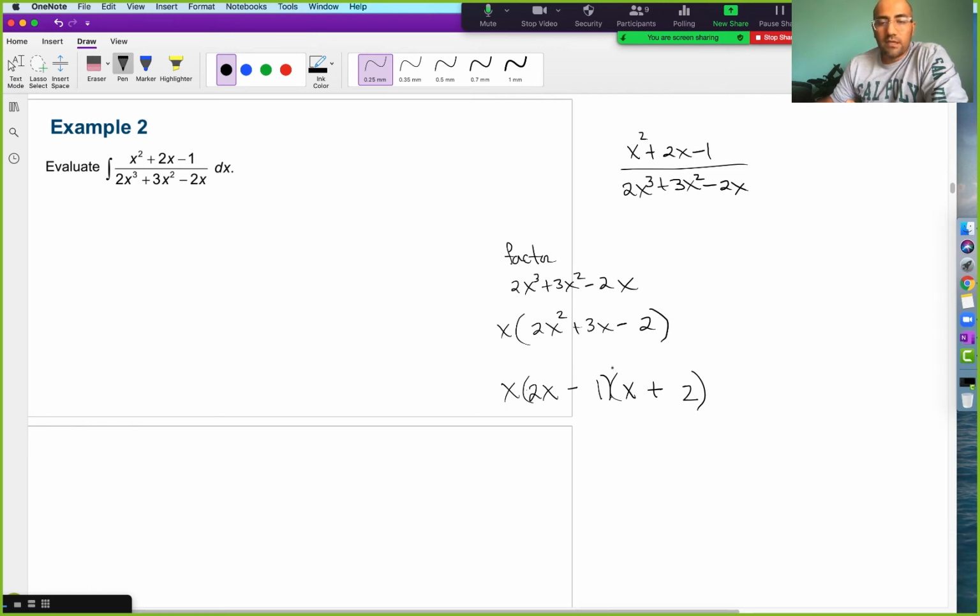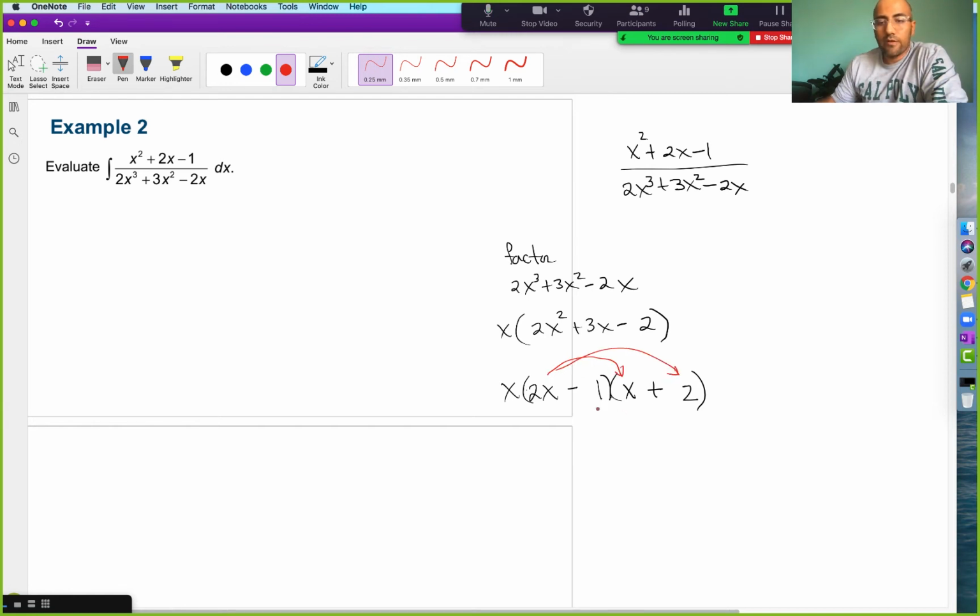So if this is the case, this would end up giving me 2x squared plus 4 minus 1, and that'll give us the 3 minus 2, right? So I just kind of stumbled into it. Good? Clear? It's a little bit luck, a little bit practice.